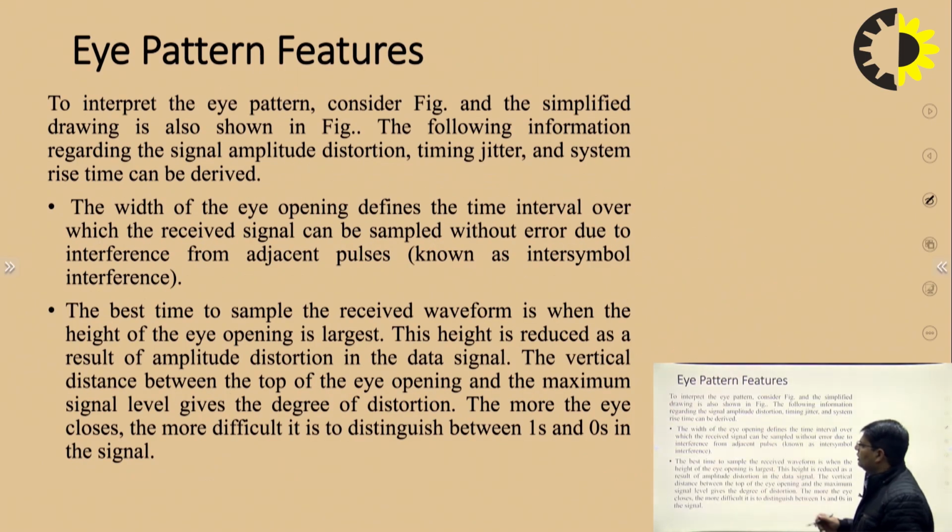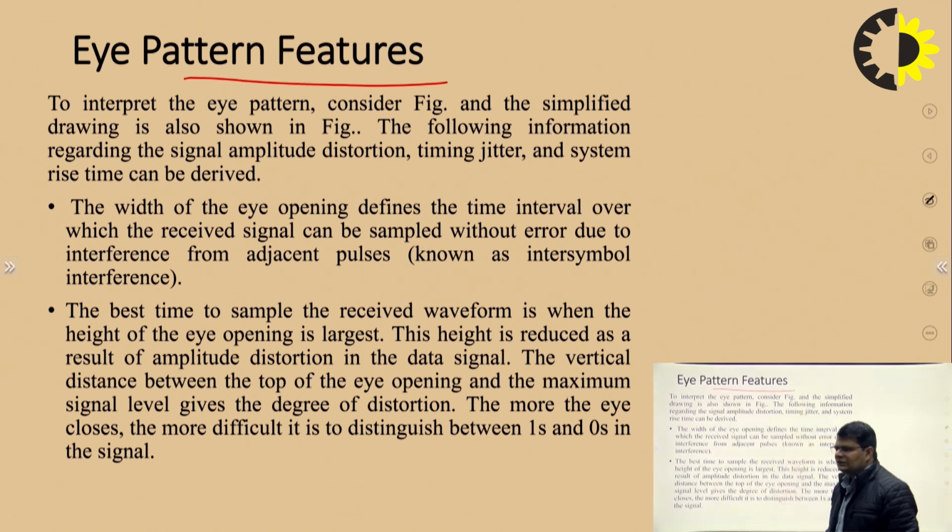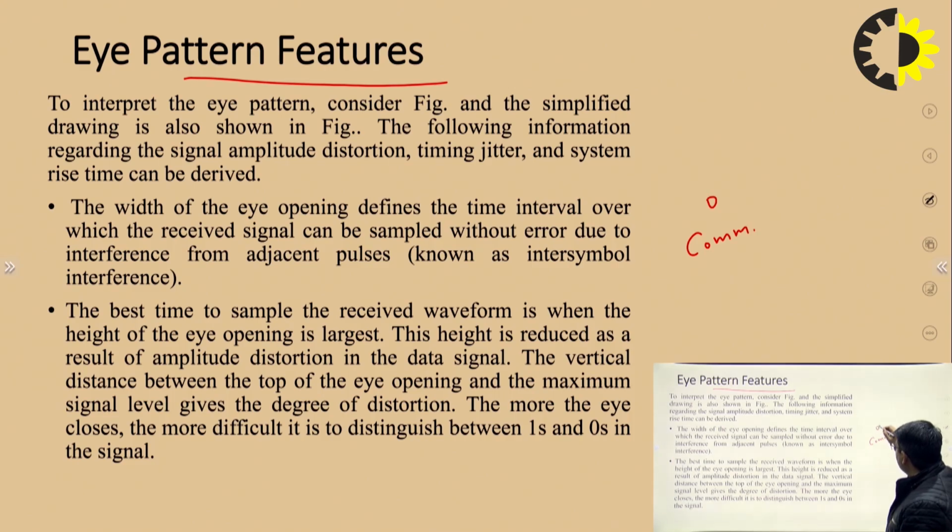Next is eye pattern features. As discussed, by simply analyzing the eye diagram or eye pattern generated, we can comment about the performance of the communication system. For example, it is about the wired communication system. Here the wired communication system can be, for example, the optical communication system.